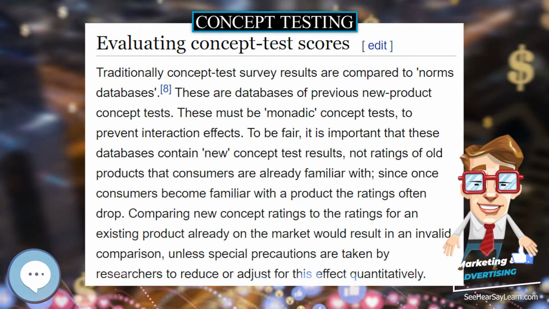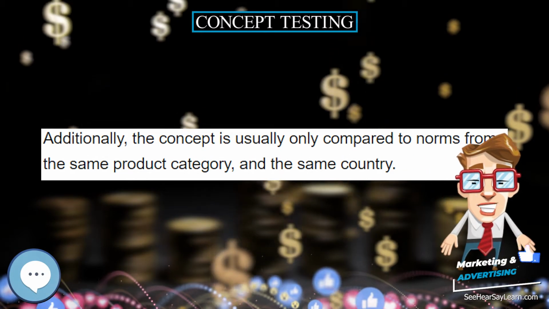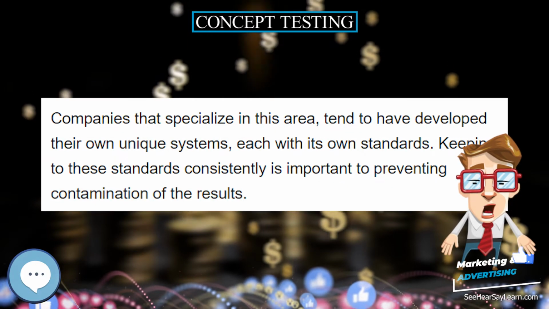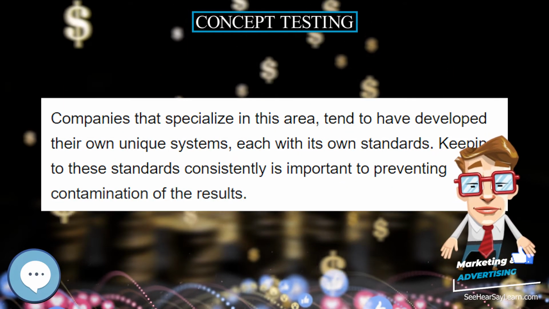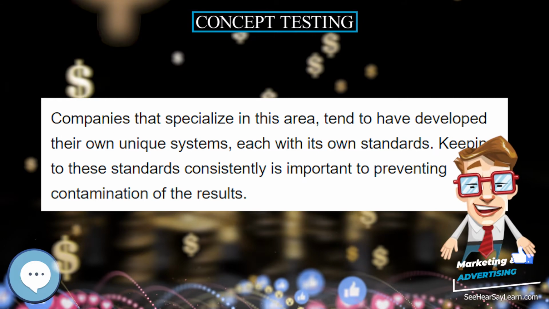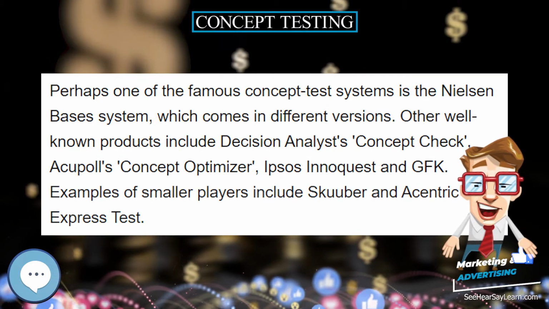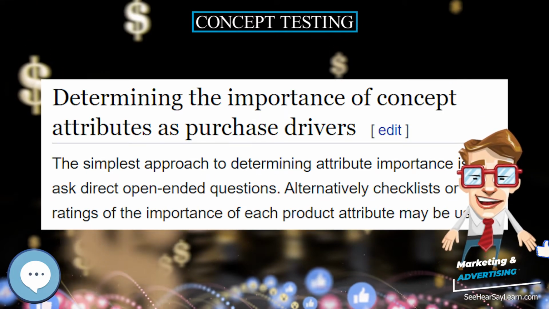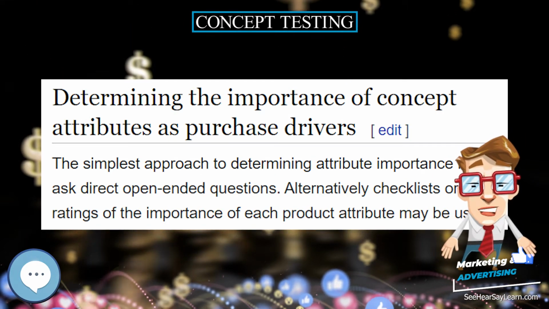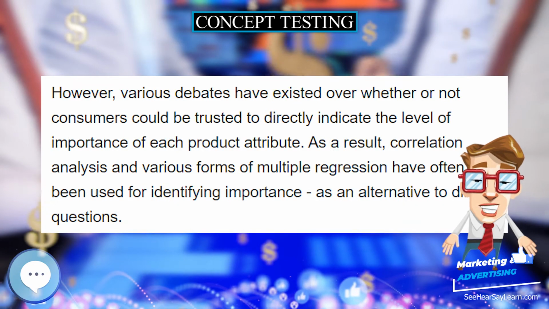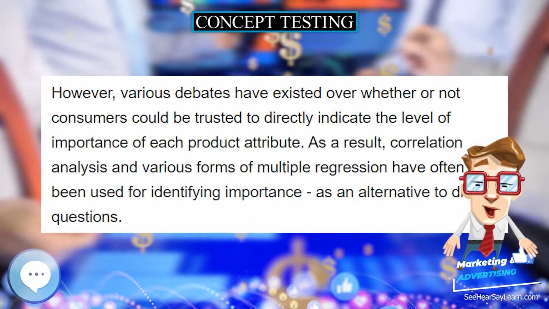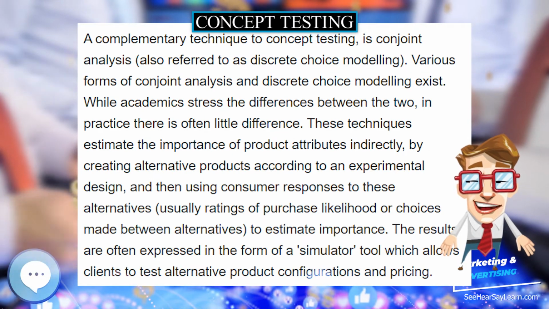To be fair, it is important that these databases contain new concept test results, not ratings of old products that consumers are already familiar with, since once consumers become familiar with a product the ratings often drop. Comparing new concept ratings to the ratings for an existing product already on the market would result in an invalid comparison, unless special precautions are taken by researchers to reduce or adjust for this effect quantitatively.